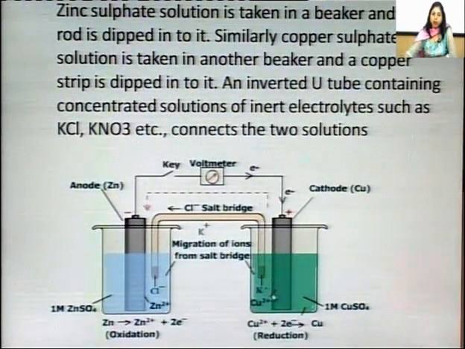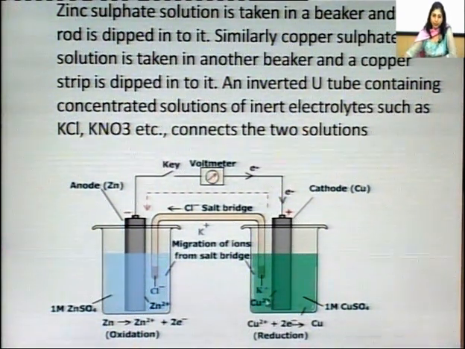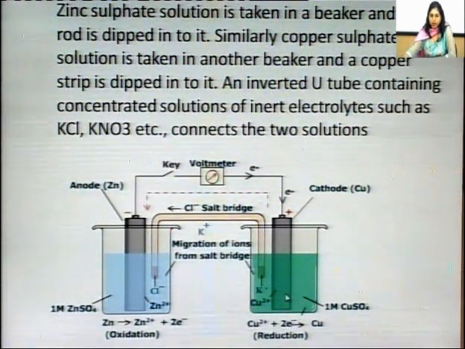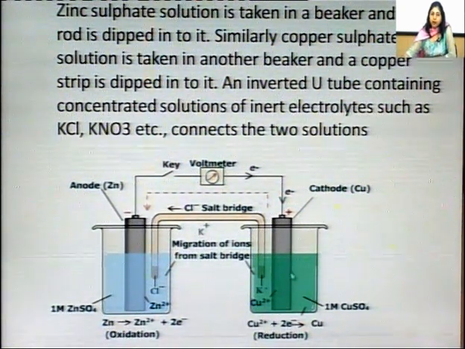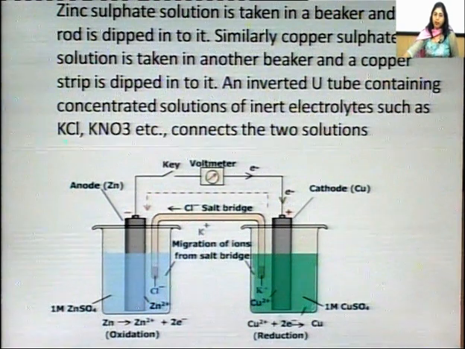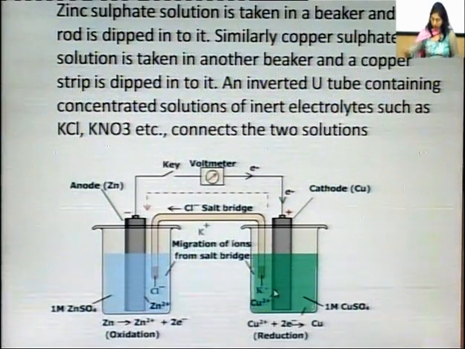The positively charged potassium ions will move into the solution so as to neutralize this excess of sulfate ions, and two potassium ions will be required for one sulfate ion. So, after the combination of potassium ions and sulfate ions, a neutral solution will be formed, and reduction will again start in this cell.